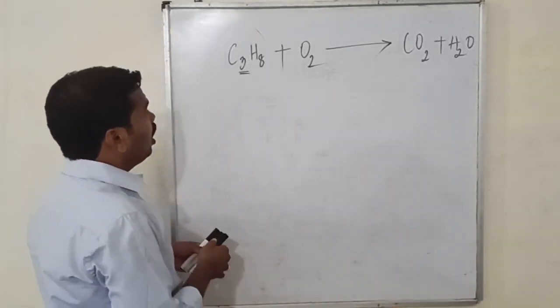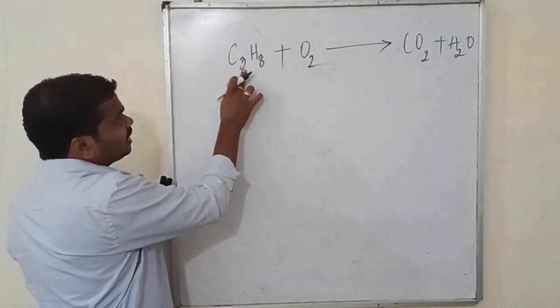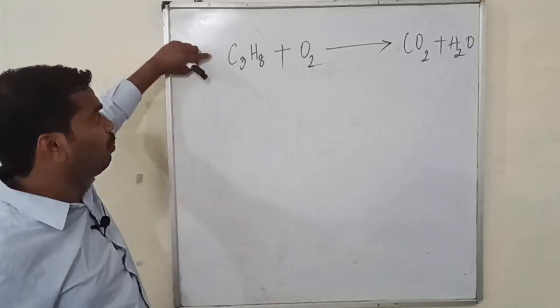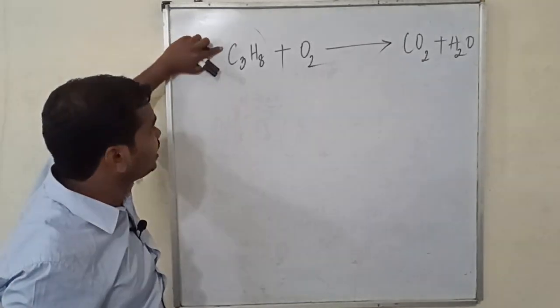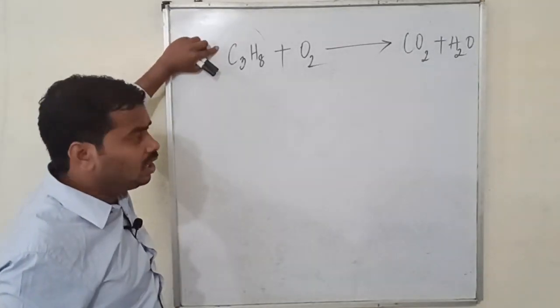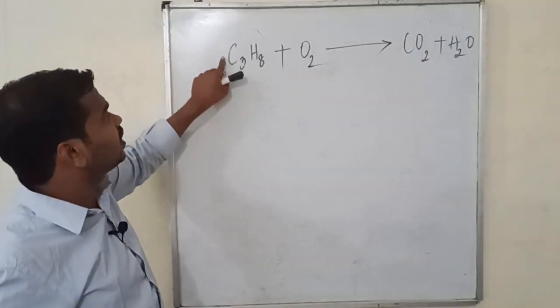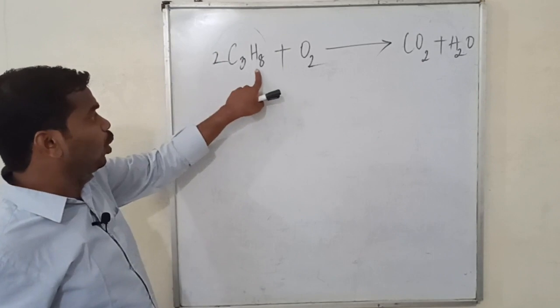See, remember, whenever there is a subscript 3 over here, you multiply it with the coefficient present in front of the compound, the number of formula units. Is there anything in front of the compound? No, 1. So you do 3 into 1. So there are 3 carbon atoms. If it is 2, let us write 2 propane molecules.